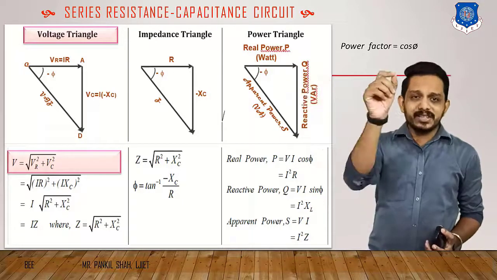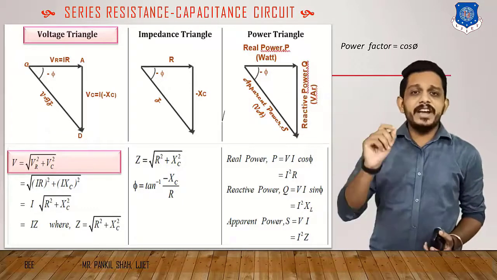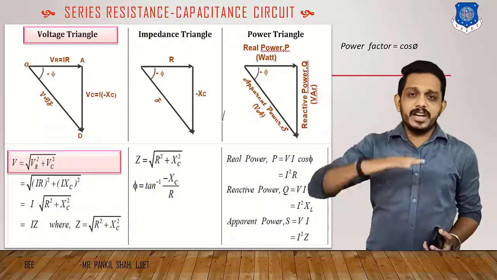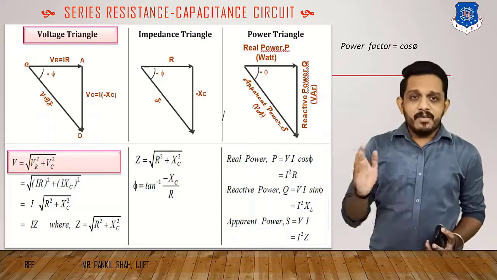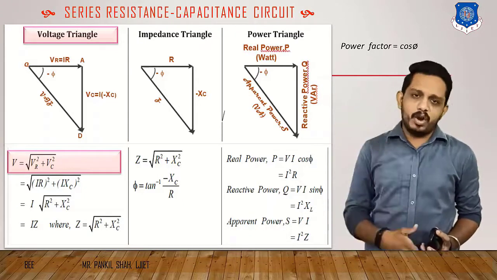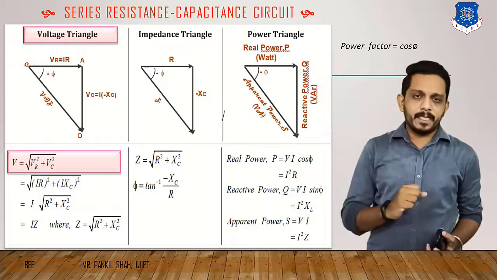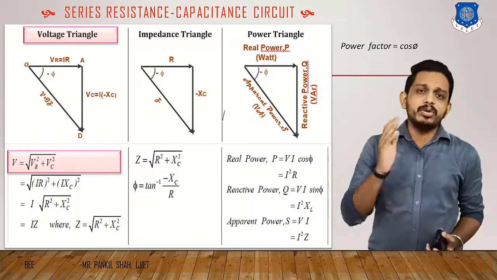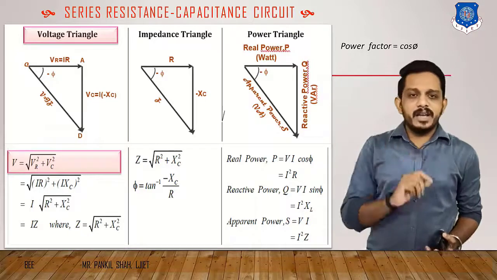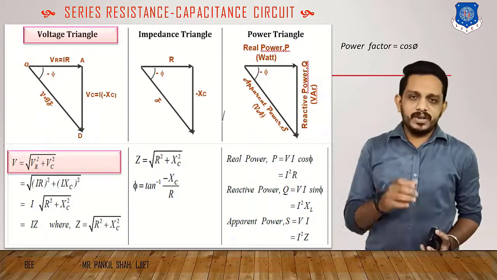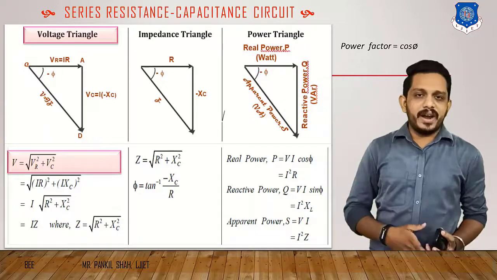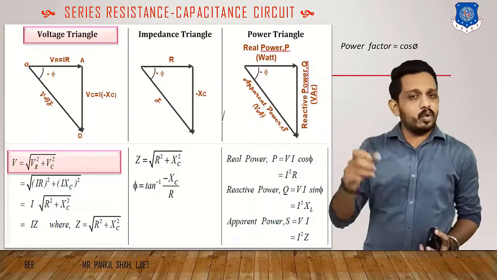On the x-axis, or the reference, it was VR, because it was in phase with the current. We are neglecting the current and only taking the voltages. So VR will be here. At 90 degrees below that VR, it will be VC, the capacitor voltage. And if we join these two vectors, then it will be the total voltage V.